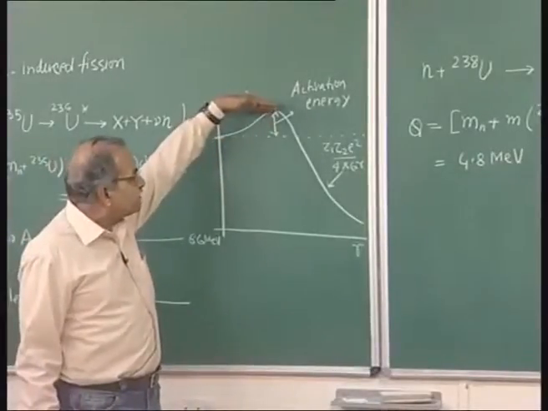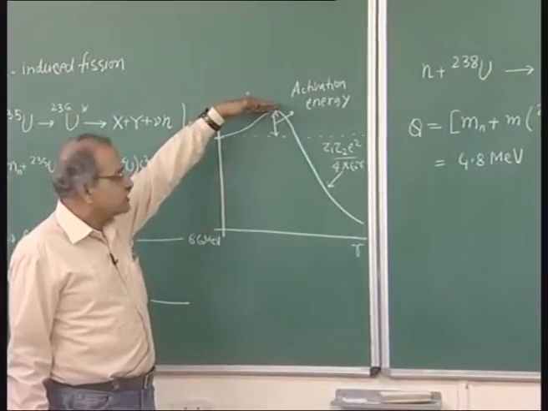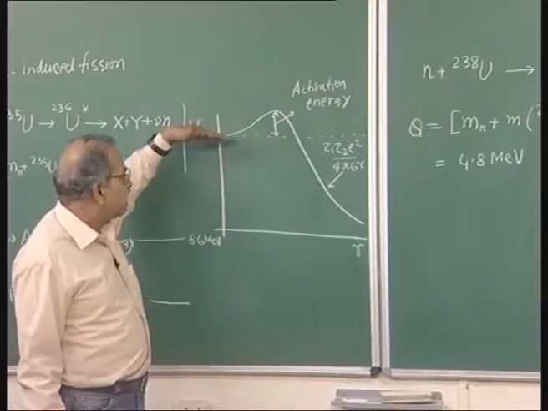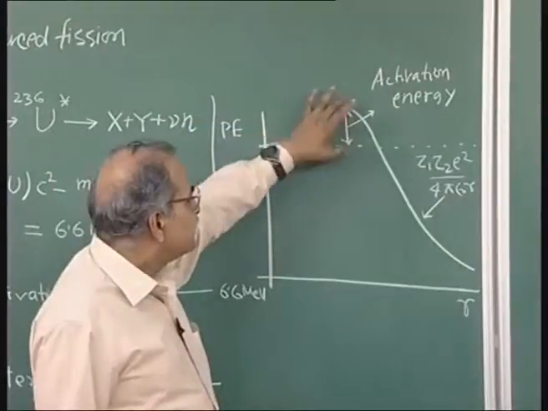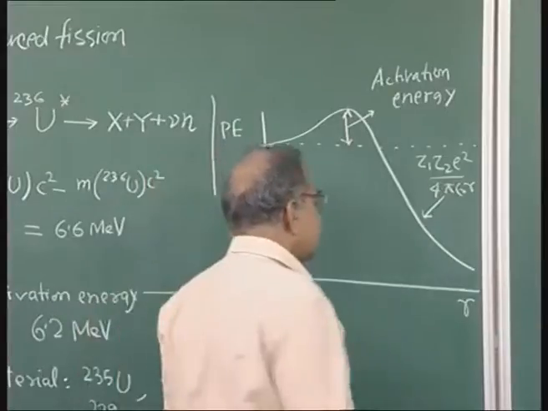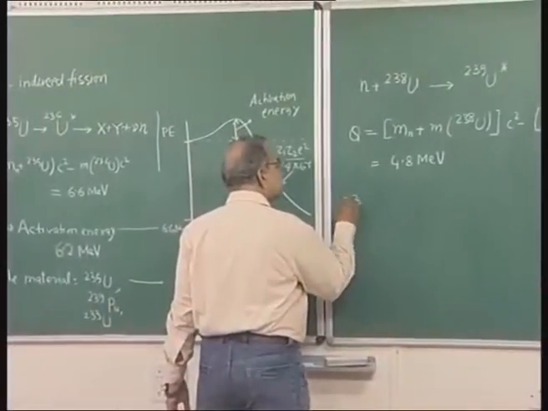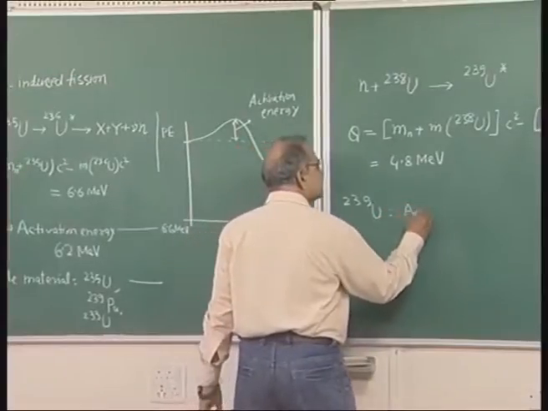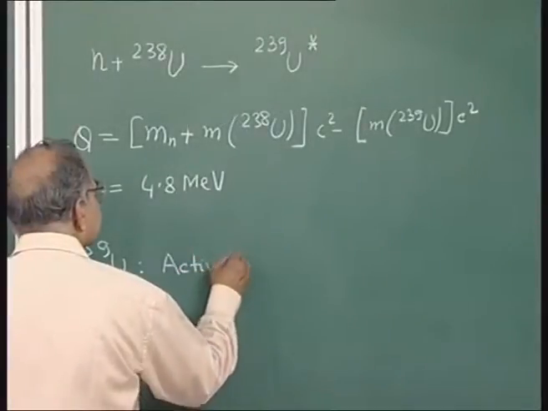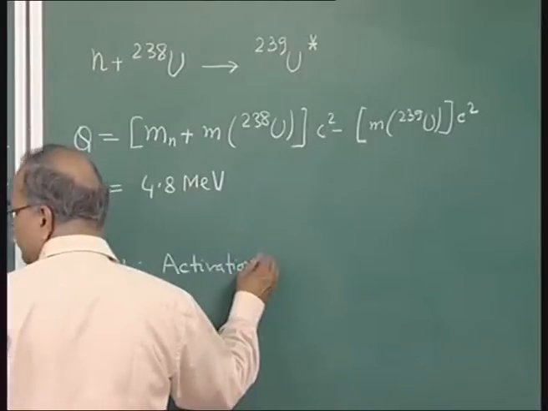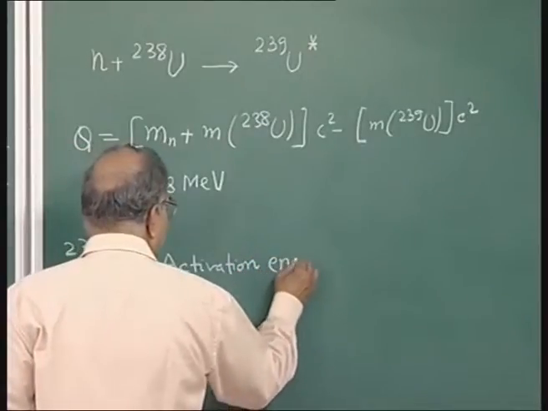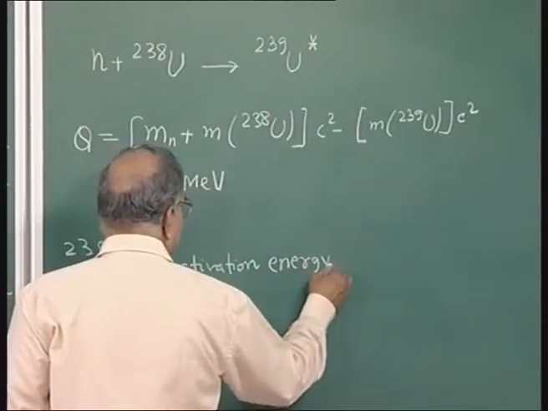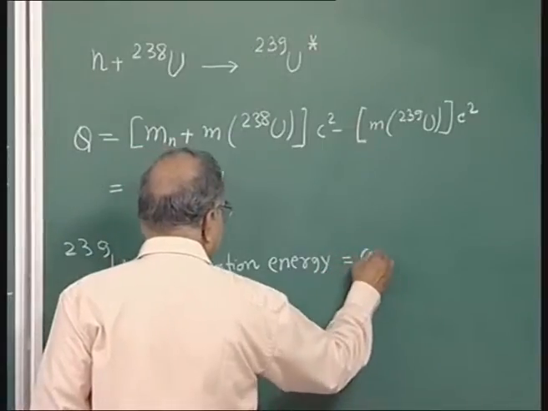This is the maximum height of this potential energy curve above the ground state energy for uranium 239, this activation energy. Rather, this will be higher, something like 6.2 MeV.